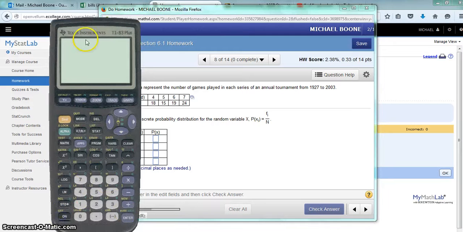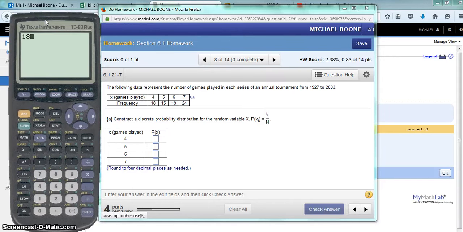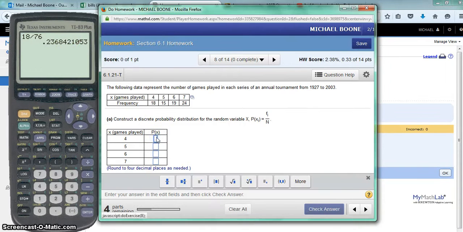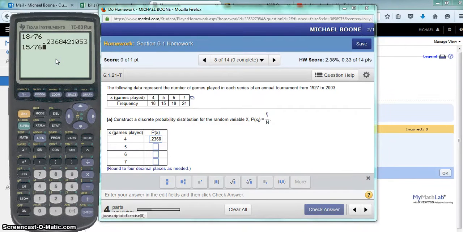So if I want to do that, just to make sure we can get that right, we're going to 4 decimal places. That's a lot. 0.2368. Then I have 15 divided by 76.